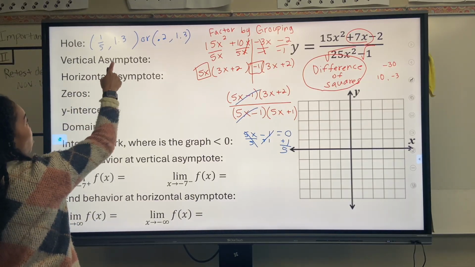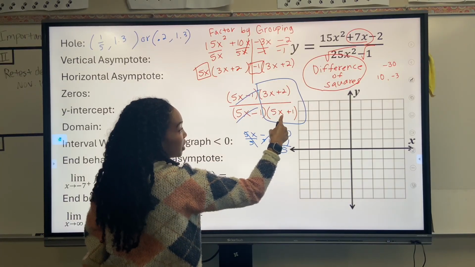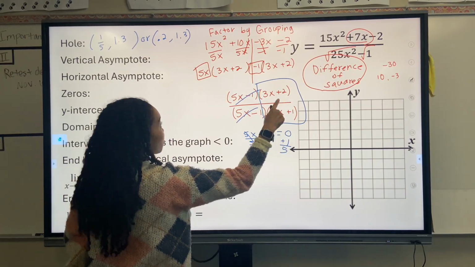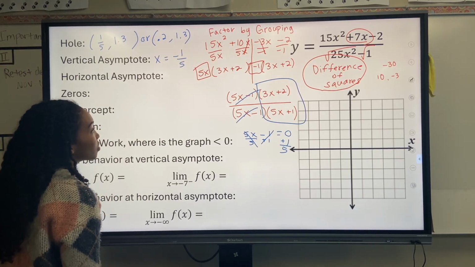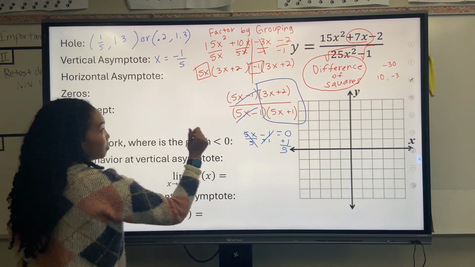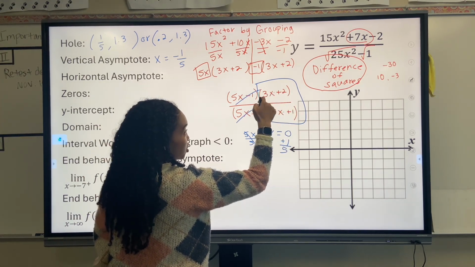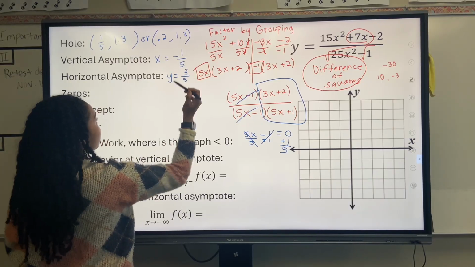Now to find the vertical asymptote, you set this denominator equal to 0 and solve. So if you set this equal to 0 and solve it, you'll get negative 1/5. Your horizontal asymptote, your exponents are the same, so it's the coefficients, 3 over 5. So y equals 3/5.